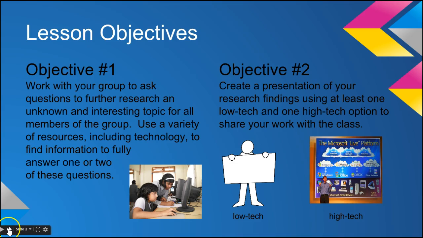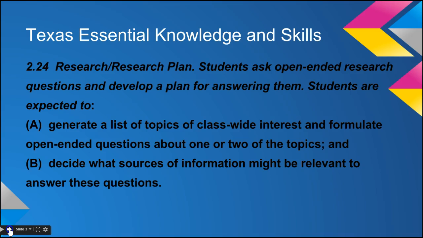So what are our state standards and Common Core standards that we're going to be really getting good at in this lesson? First, we start off with the TEKS because we do live in Texas. So the Texas Essential Knowledge and Skills for second grade. Our research skills, this one in particular is 2.24, the planning of your research.